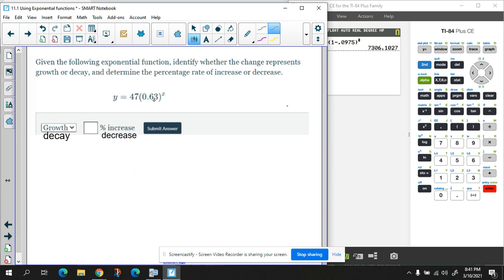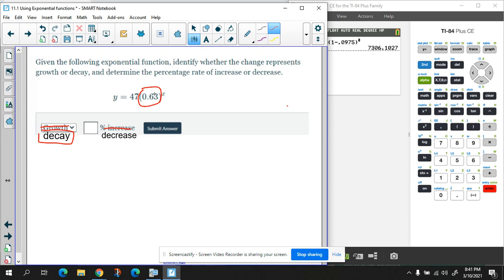Given just the formula, decide if it's a rate of increase or decrease and by what percent. First thing to look for in there, this number is smaller than 1. So you would be choosing decay from the drop-down menu, and it will change that word to decrease. But notice it says percent here.